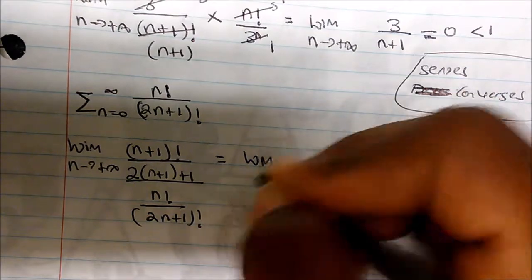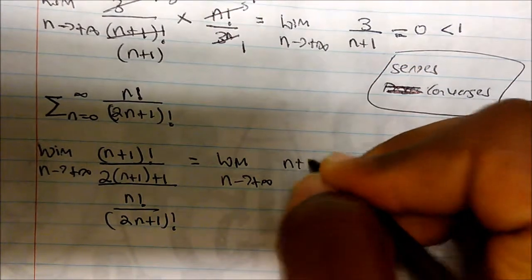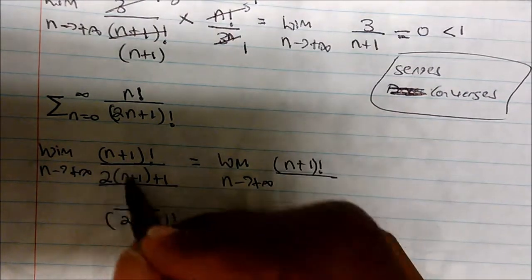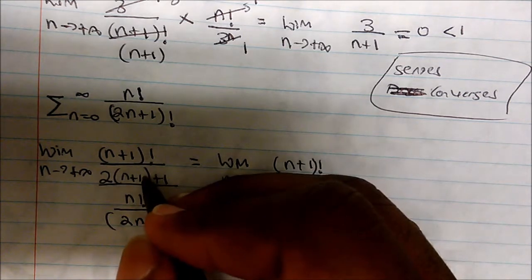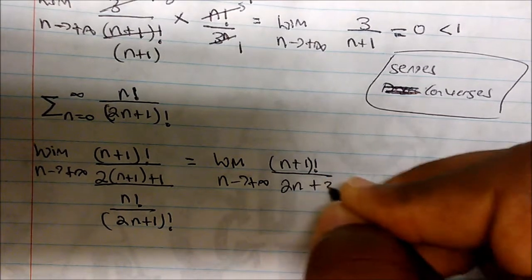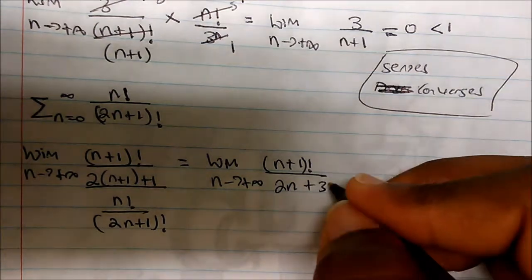Simplifying this, we know this is the limit as n goes to positive infinity of n plus 1 factorial divided by, if we distribute this, 2n plus 2. Well, 2 plus 1 is 3, so this becomes (2n plus 3) factorial.